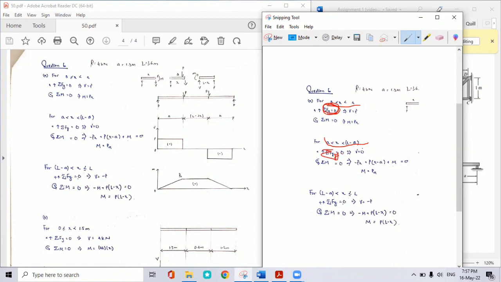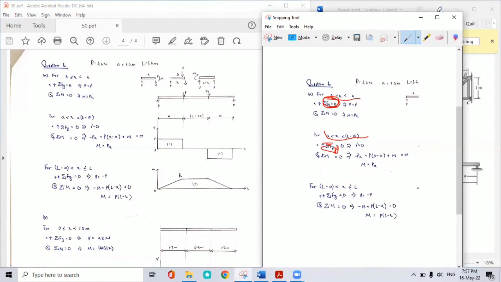Therefore, V will be 0. We can take a look at the diagram right here, and then the equation again. After that, the sum of moments will be equal to 0 because of negative Px plus P multiplied by x minus A plus M equal to 0. Therefore, we get M equal to PA.